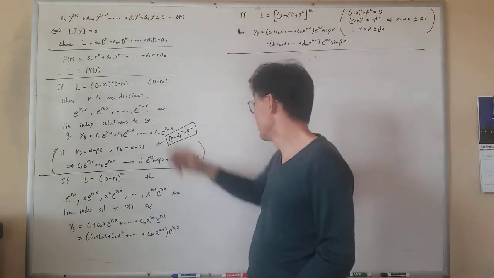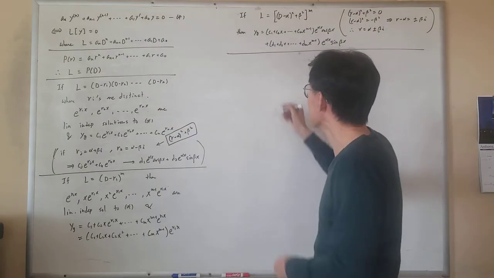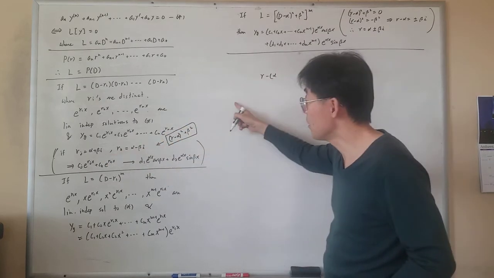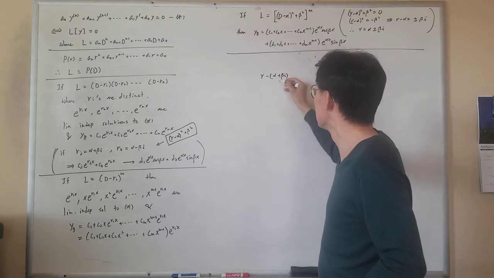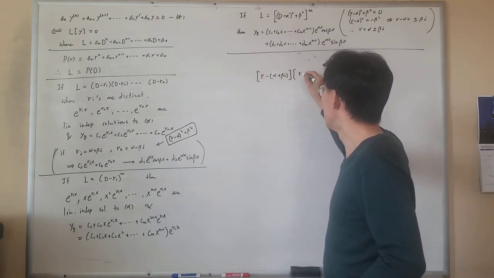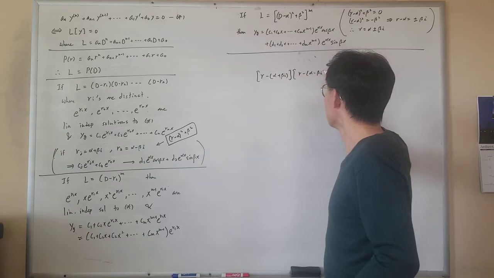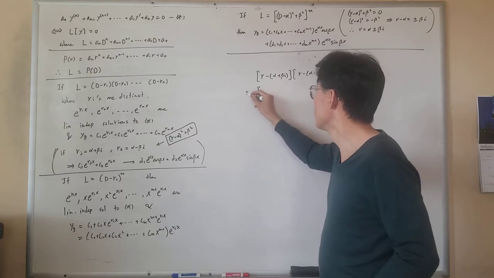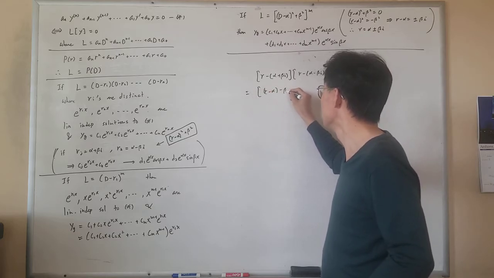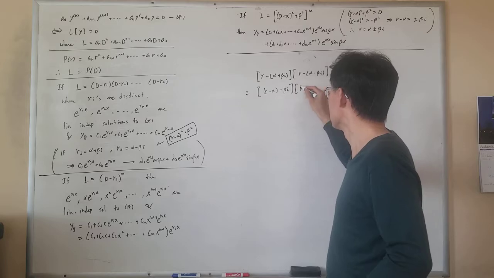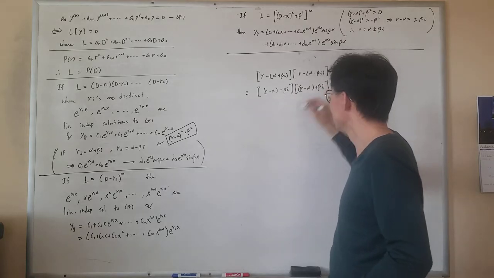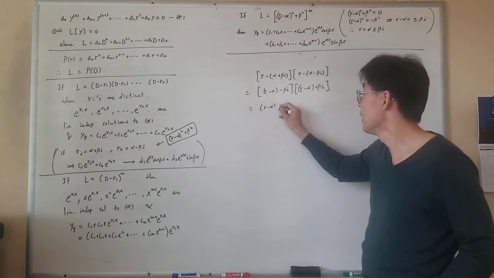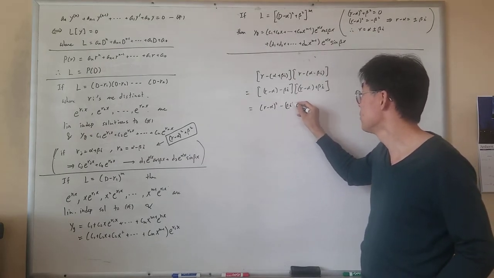I'm going to show you briefly. So if you have R minus rj, one of them is this, R minus alpha minus beta i. So R minus rj, R minus rk. Now, we want to write this one as alpha plus beta i, and then we use (a minus b) times (a plus b) equals a squared minus b squared.